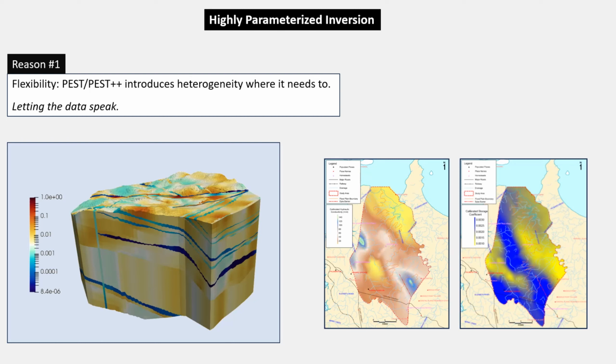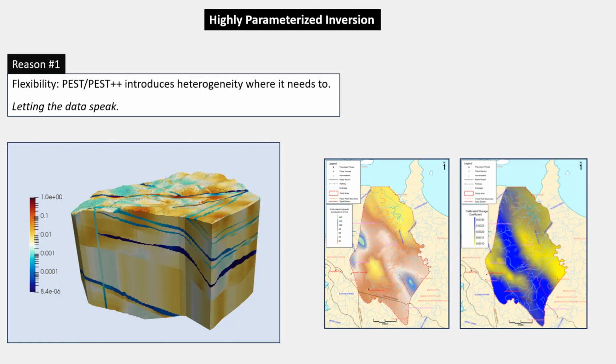And our job in doing history matching is to listen to that data. Now, we don't know exactly what it's going to tell us. We don't know exactly where the history matching process will say that heterogeneity exists in hydraulic properties. So we shouldn't really say, I'm going to use zones of piecewise constancy, especially if they're broad. We let the data speak.